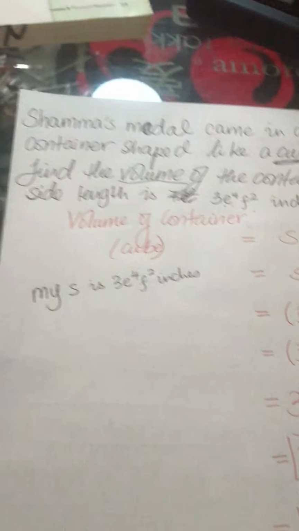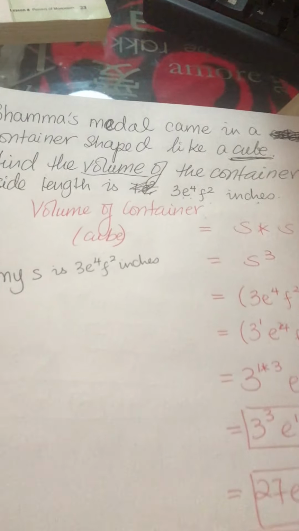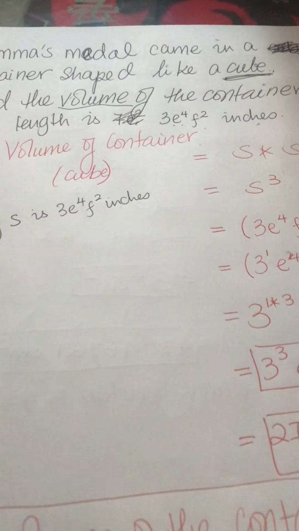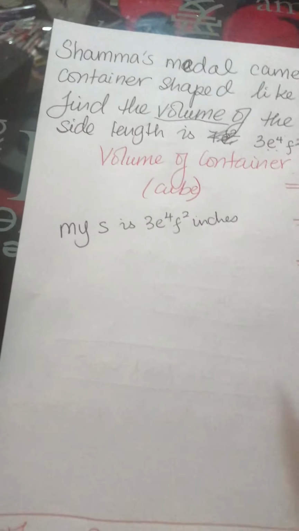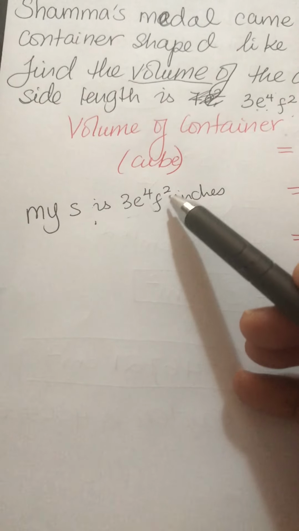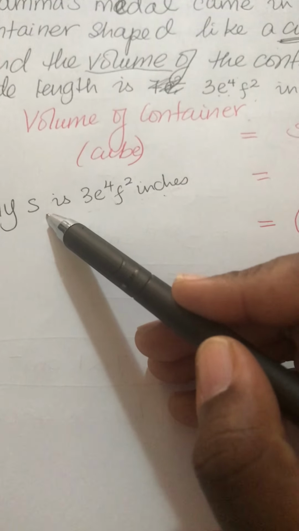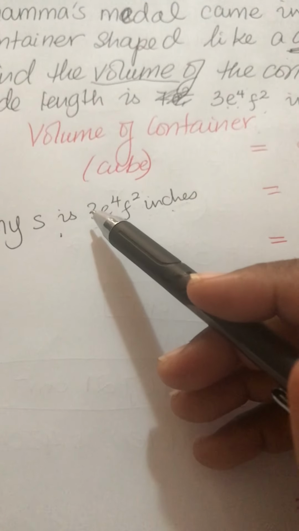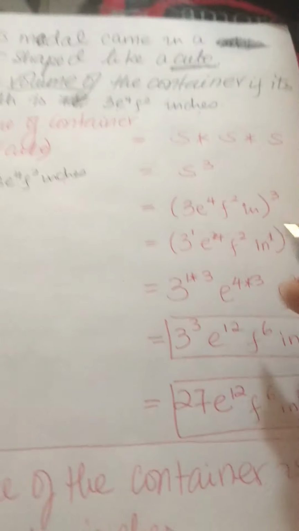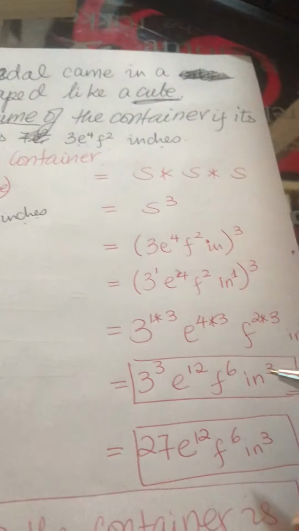A cube has all its sides the same. I need only 3 dimensions to find the volume. Okay? And my S is this, 3e to the 4th power, f to the 2nd power inches. Side is a measurement. So that means it has to come with units. So the units is inches, okay? If it doesn't come with units, you will write the word units.